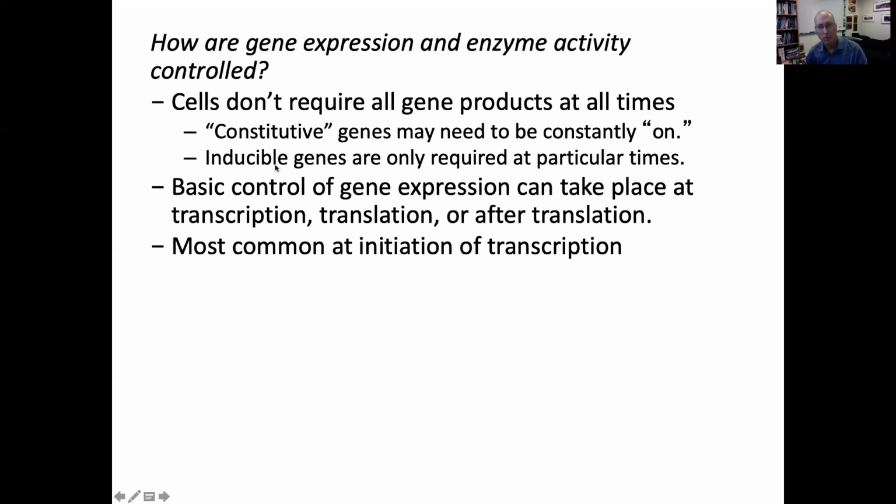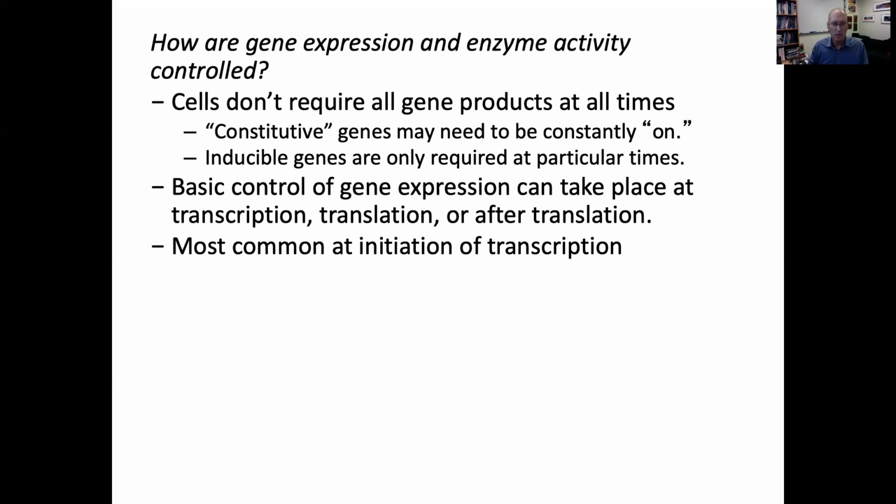Whereas other examples might be sets of genes that are only required to metabolize a certain product from the environment when that product is around. The example we're going to talk about today is the Lac operon.